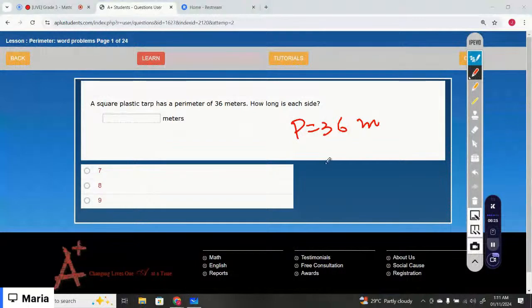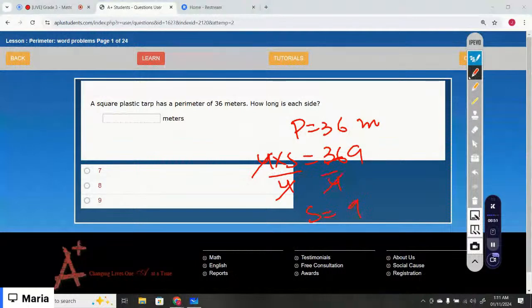So the perimeter of the square is 4 times the side. 4 times S equals 36. You need to calculate the length of each side. Divide both sides by 4. So 4 and 4 cancel out, and 4 times 9 is 36. So S equals 9. Got it?